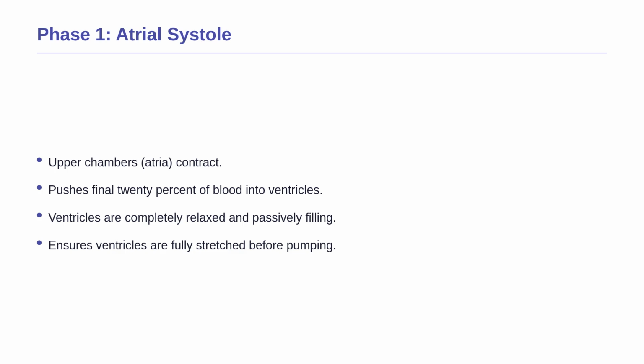It pushes the last 20% of blood into the lower chambers, called the ventricles. During this time, the ventricles are completely relaxed, passively accepting the incoming blood. This crucial step ensures the ventricles are completely full and stretched before they begin their massive push, maximizing pumping efficiency.